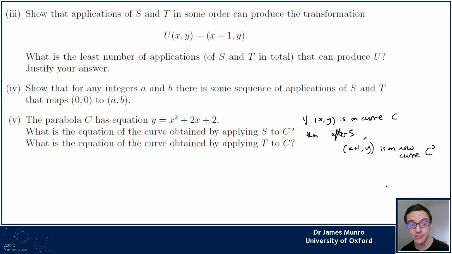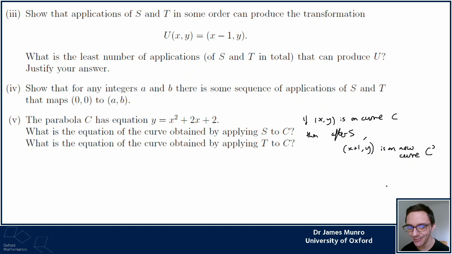Okay, so I've got to find out what this new curve is. They give me an equation for the original curve, so I can work out the coordinates of points on this new curve. I'm being really careful here because it's quite tempting to just stick in x plus 1 instead of x and leave y alone. That's actually a translation in the wrong direction.